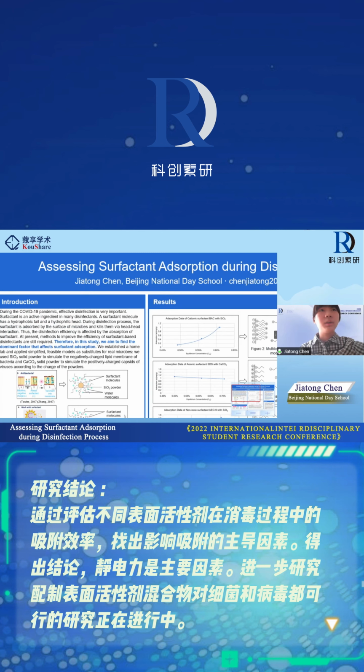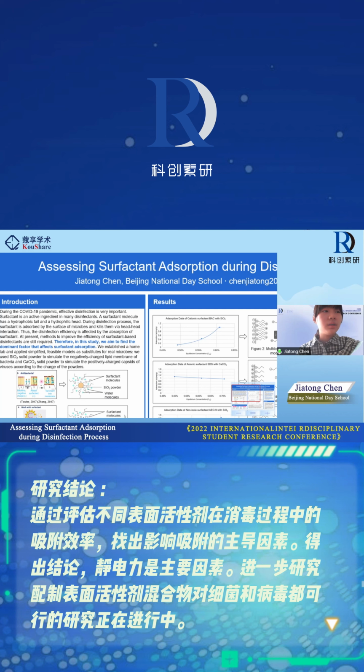I would like to first introduce the background and purpose of this study. During the COVID-19 pandemic, in order to prevent the spreading of the coronavirus, we require frequent disinfection for communal facilities. In the most common disinfectants we use, for example, hand sanitizers, surfactant is a very important active component.